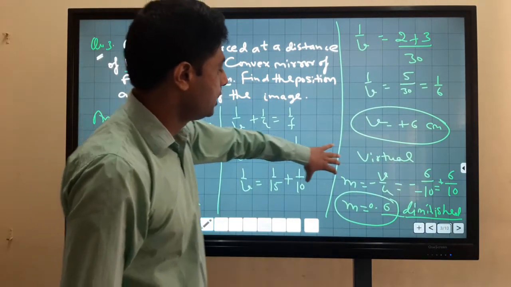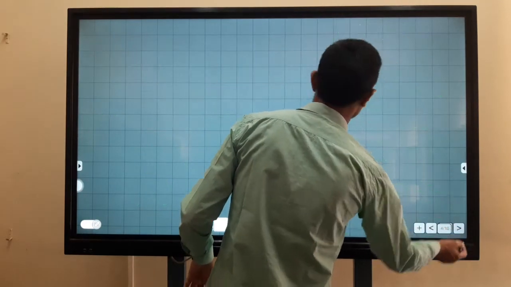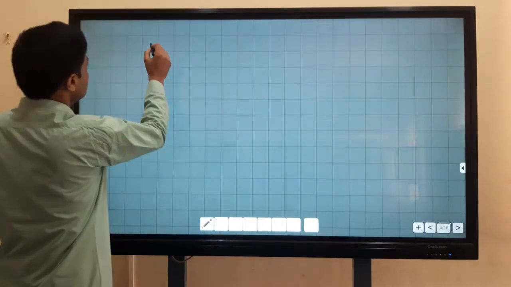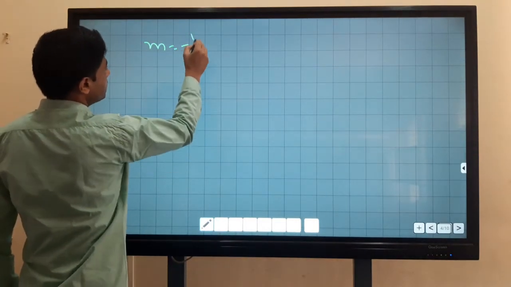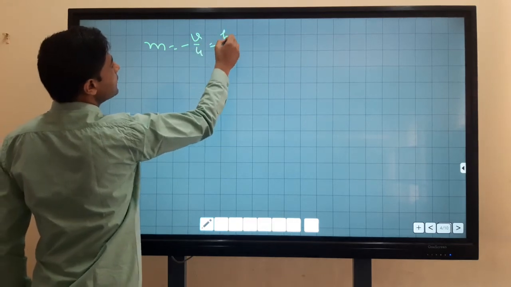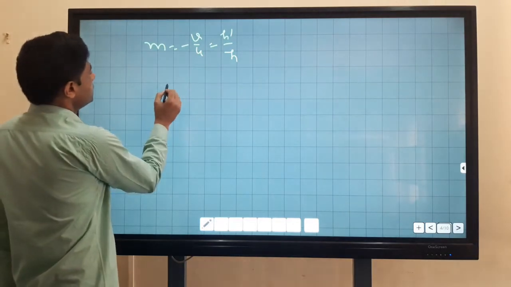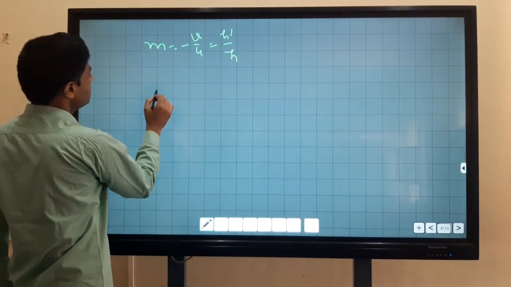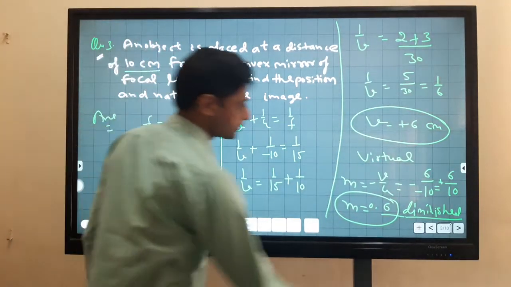And this is erect, because, as you know, M equals minus V upon U equals H dash upon H. What is the value of M? The value of M is 0.6.